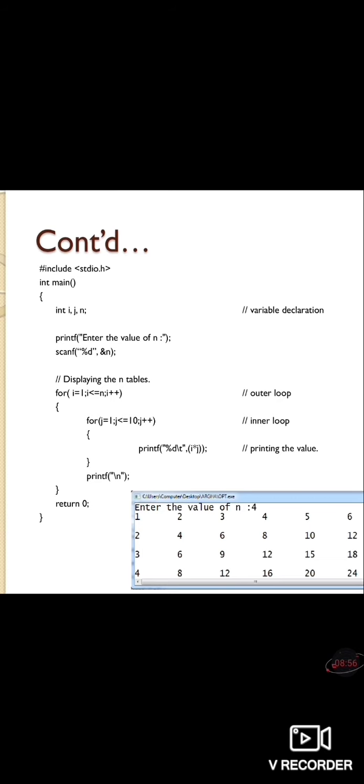So the inner for loop repeats 10 times, where the outer for loop repeats n times. The value of n is given by the user.